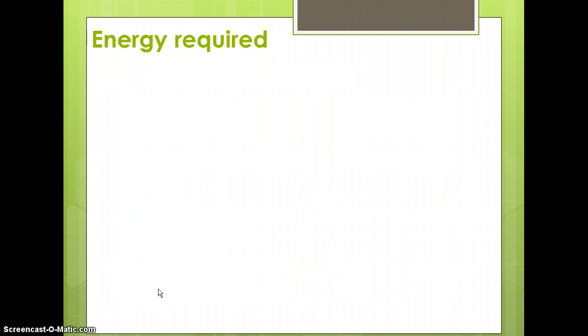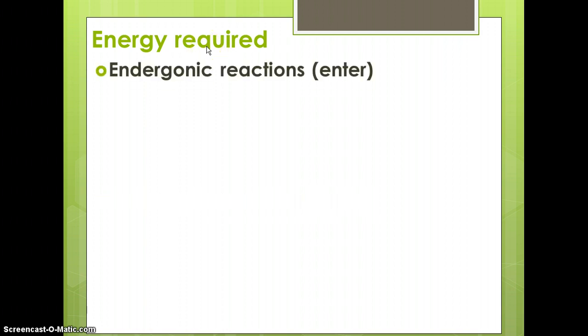Like we said before, sometimes energy is released, sometimes we require energy. It just depends on the kind of reaction that's taking place. If we require energy to have our reaction go, those are called endergonic reactions.